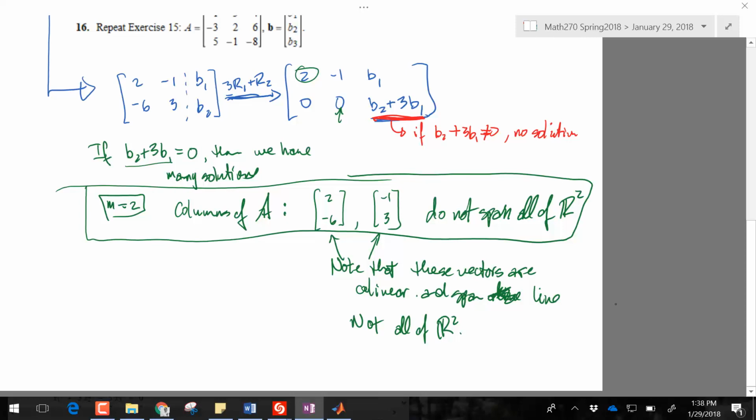Do you know what this line looks like, by the way? Can you give me the equation of the line? Say it again. Slope is minus 1 over 3.